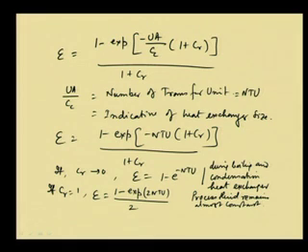It is like that, 1 minus exponential, Cr equals 1. So, it has nothing much to do with this. Cr equals 1 means the case when both fluids have the same heat capacity.